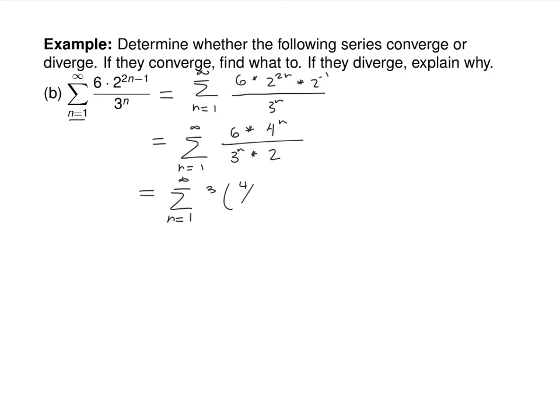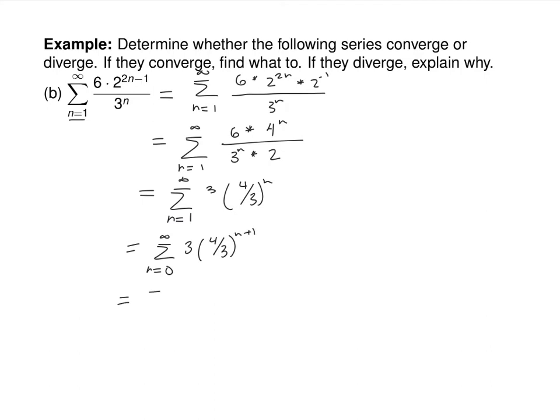And we'll have 4/3 to the n. Technically, you could tell at this step that your series is going to diverge because 4/3 is the r and it's bigger than 1. But I would like to make sure you know how to re-index. Let's actually do that. Sum from n equals 0 to infinity 3 times 4/3 to the n plus 1.